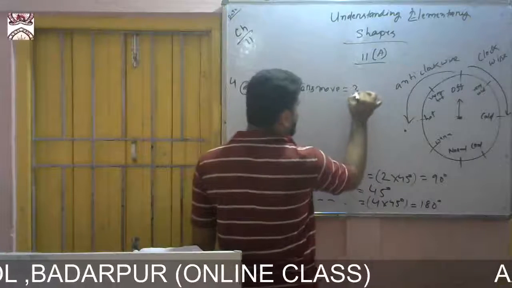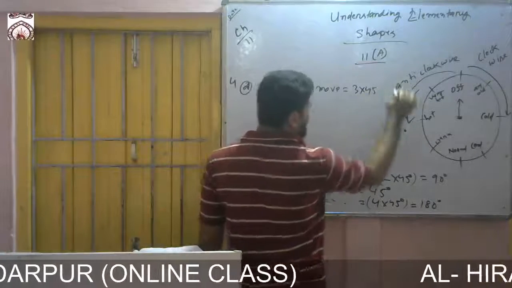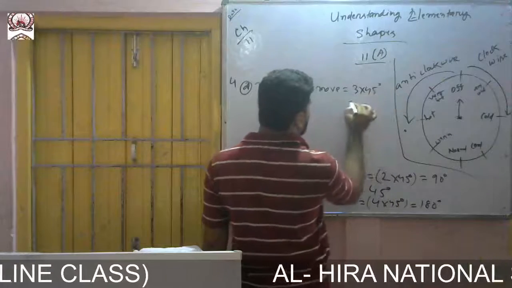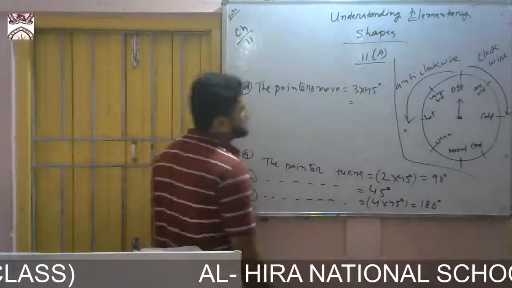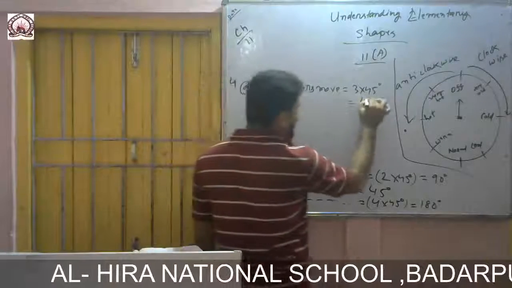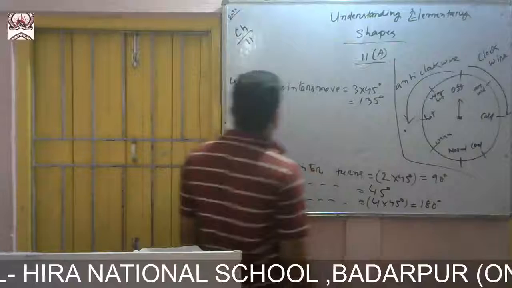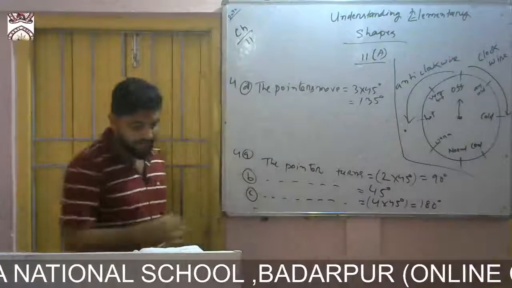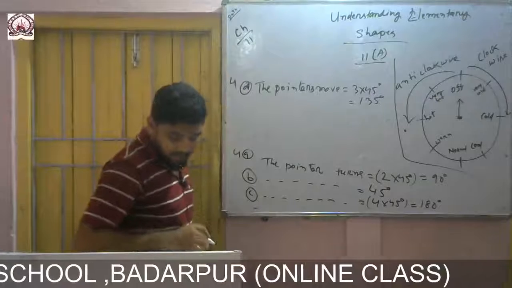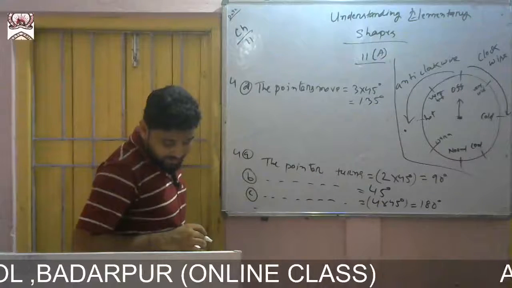So it will be 3 into 45 degrees. It will be 135 degrees. If you multiply, 135 degrees. Okay. Number D, clockwise from cold to warm, finished.